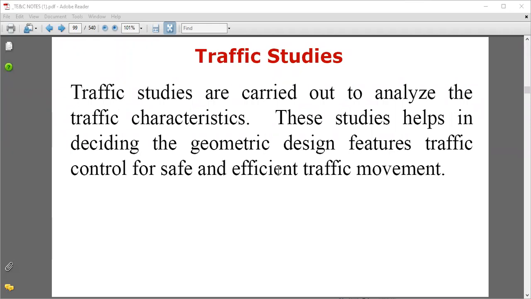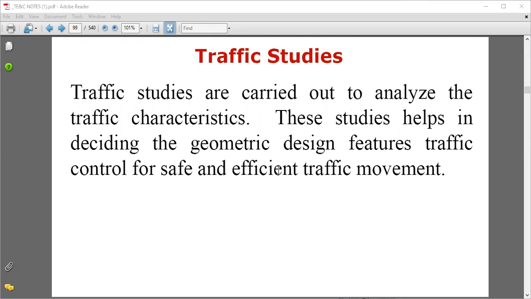For that purpose we collect the traffic volume, and after that we can make the analysis and the interpretation of that data. From that we will understand what the traffic volume is, and at what time the traffic is more on that road. So the peak hour we can calculate by using this data.